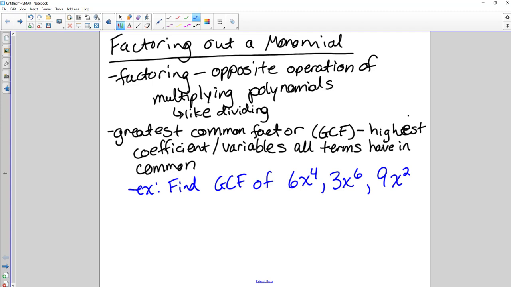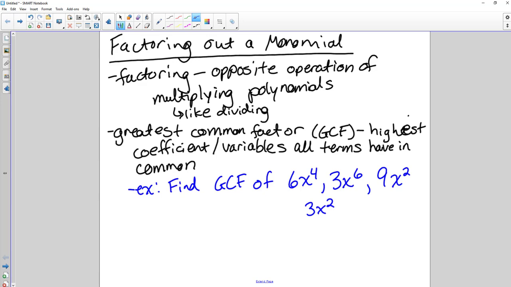So what they have in common is 3. You can't take more than 3 out of 3. But since 3 goes into each of those numbers nicely, that is part of the GCF. Then if we look at the x's, the most that they have in common is x squared. Because of the 9x squared term, that's the most that we can factor out. So the greatest common factor of those three is 3x squared.